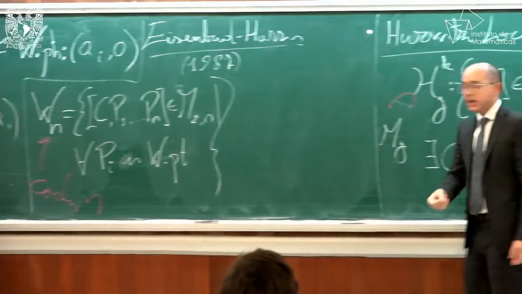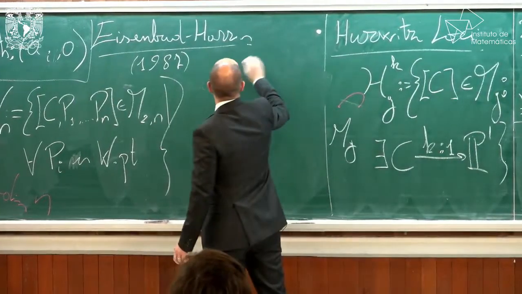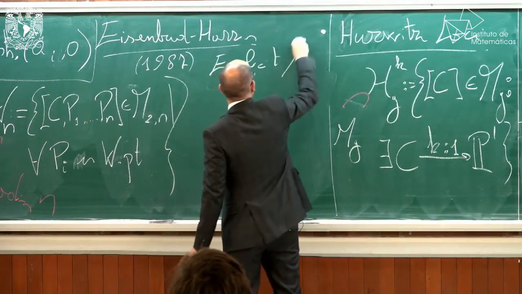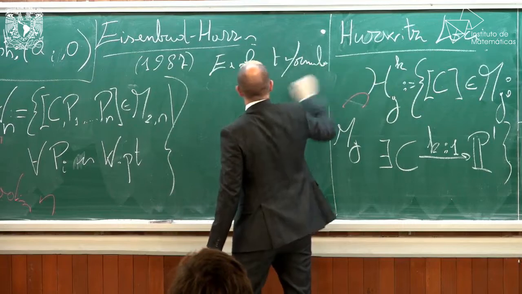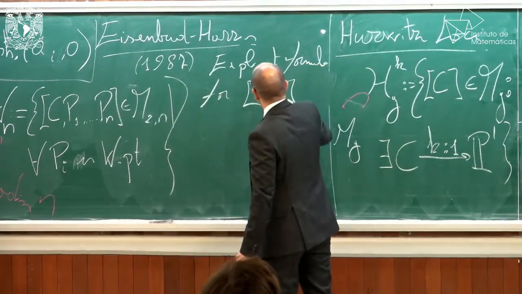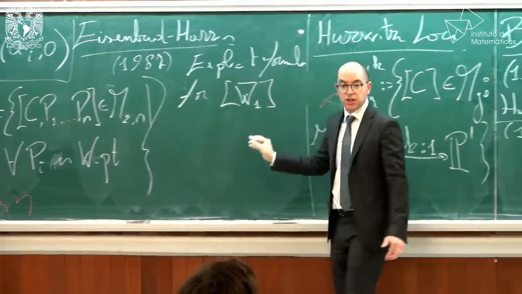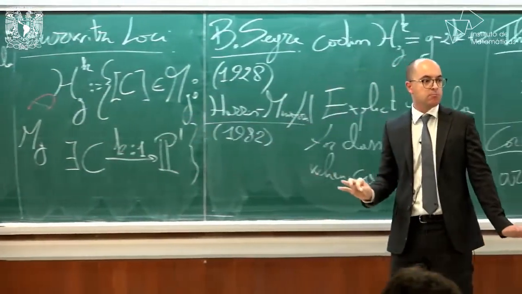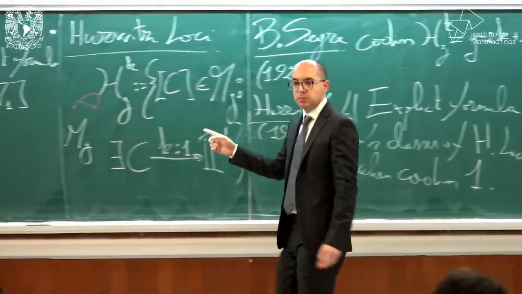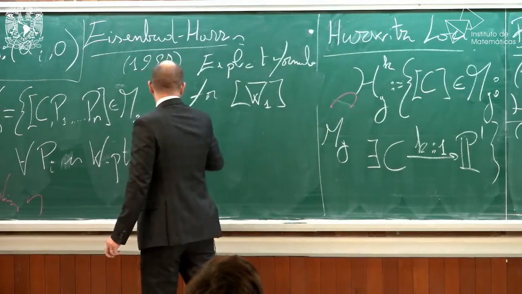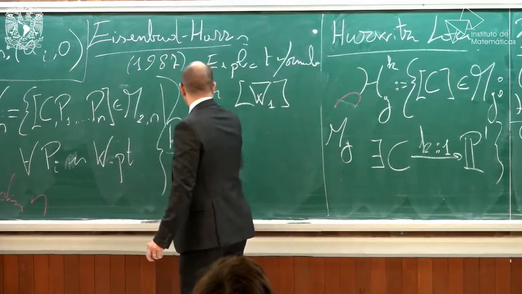And what they have is an explicit formula for the cohomology class of the case when n is equal to 1. You take the closure of this locus, the divisorial locus when n is equal to 1. Okay. Why is this important? This was for many reasons. So let me tell you this story here.